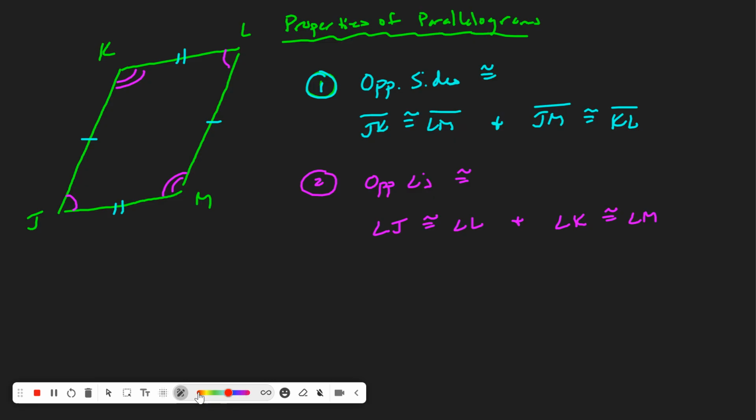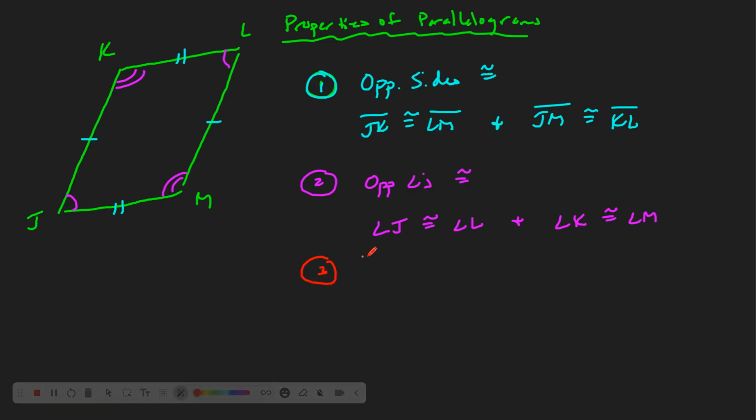Okay, one more property about the angles is that the consecutive angles, I'll write that word out, consecutive. The consecutive angles are supplementary, which means they add to 180. So if J and L are opposite, then J and K are going to be consecutive.